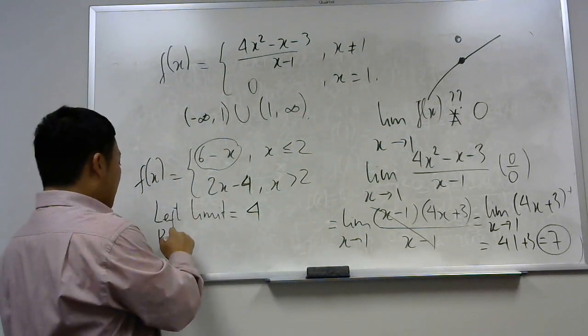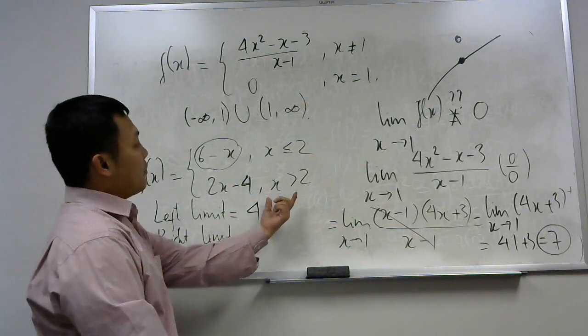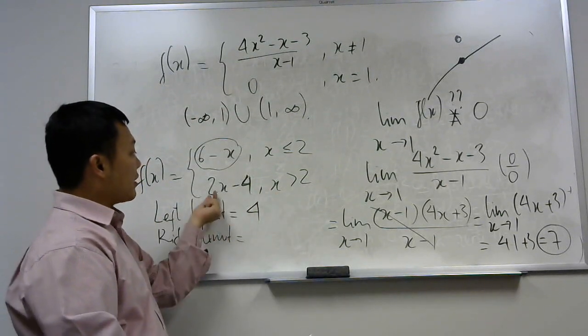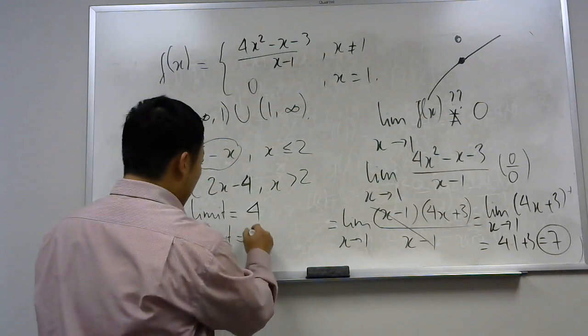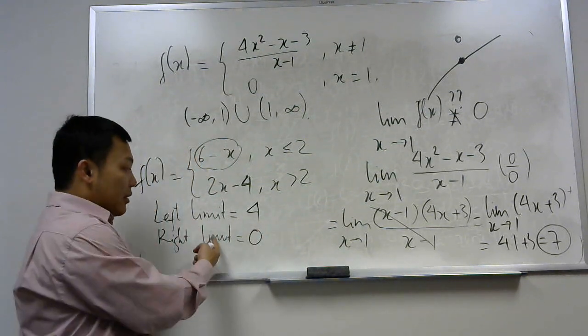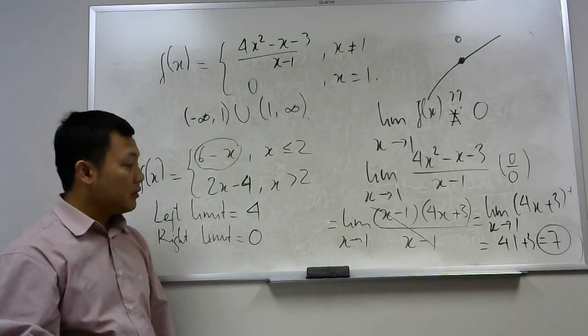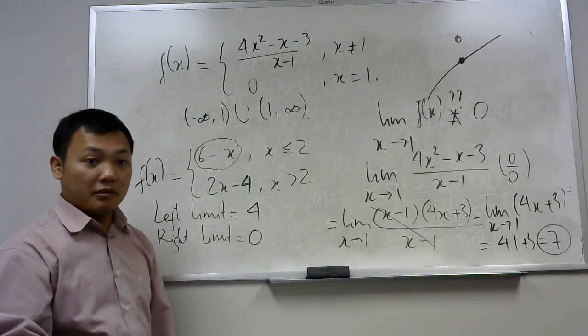And you have the right limit. That means you need to take the part corresponding to x greater than 2, and you plug 2 into this. You get 2 times 2 minus 4, which is 0. What does it mean? The left limit and the right limit are not equal. The limit does not exist. That means the function could not be continuous at 2.